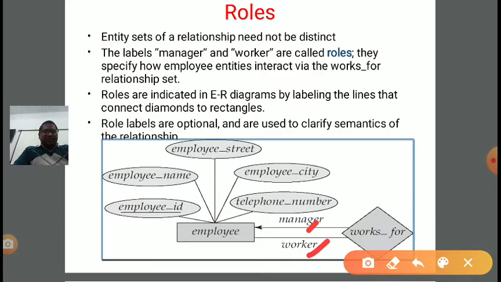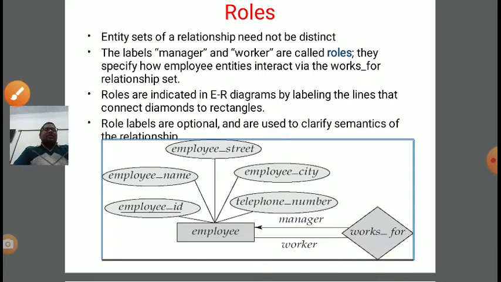Roles are indicated in an ER diagram by labeling the lines that connect the diamond to the rectangle. So these are the roles. These lines are the roles, and on the lines we write the names of the roles. There are two roles: from employee to works for is worker, and from works for to employee is the manager role.